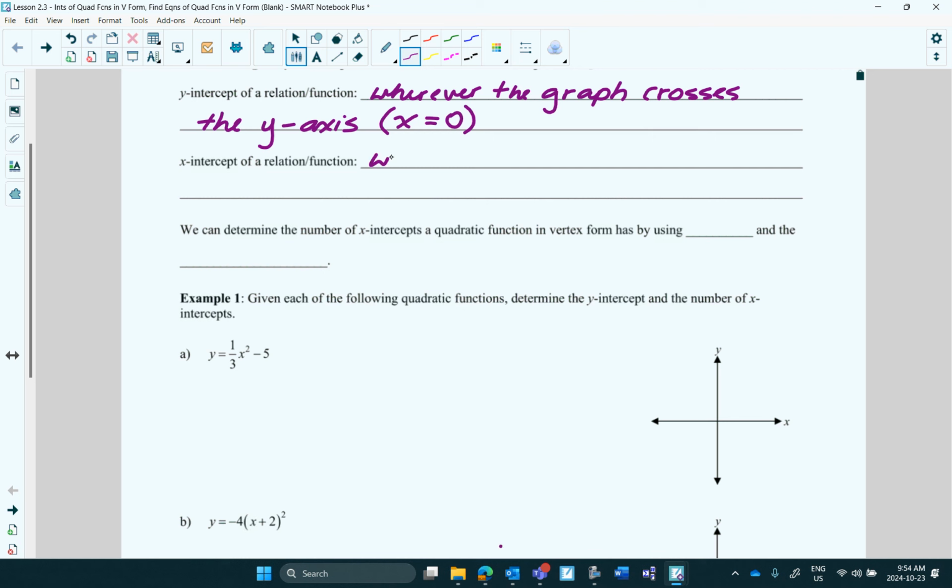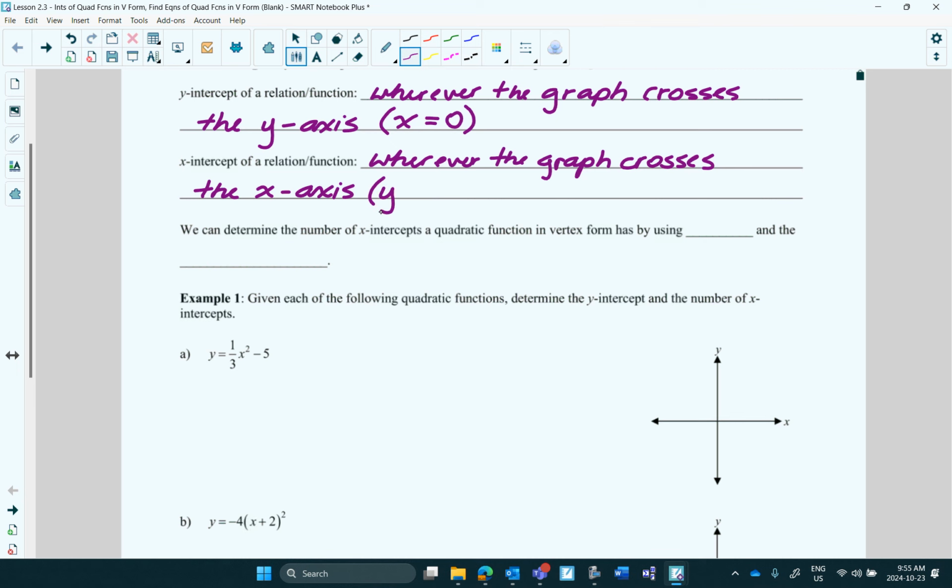Similarly, the x-intercept is wherever the graph crosses the x-axis. And what's common to every point on the x-axis?